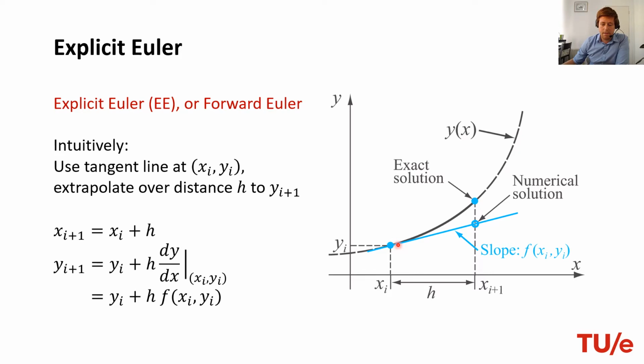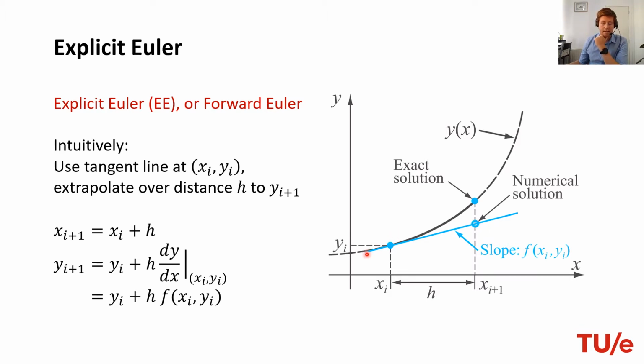So assuming that at step i, we are on the exact solution, so on the curve for the function y of x, what we do is we evaluate the tangent to the exact solution. So that is the derivative of y with respect to x. And then we draw the tangent line at our point here, and we check what is the value of this tangent line for x equal to xi plus 1. So that is graphically what explicit Euler does.